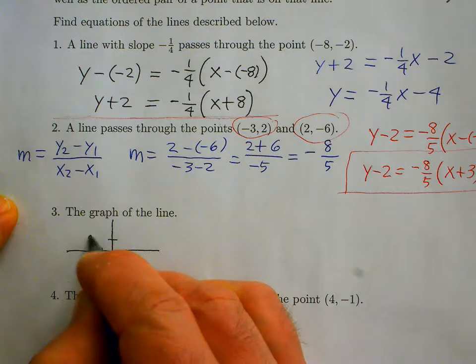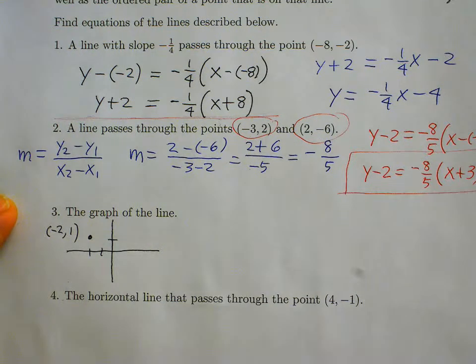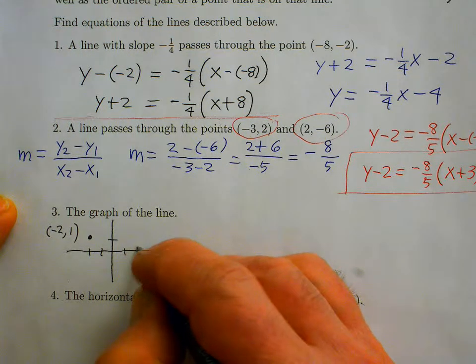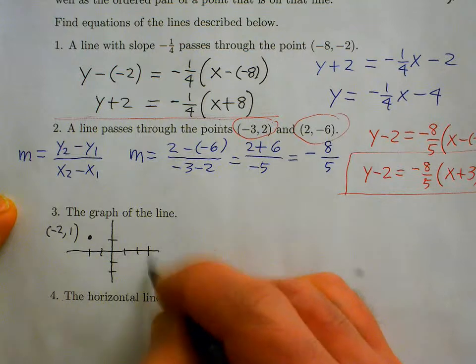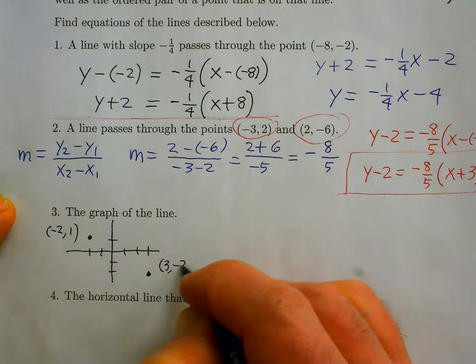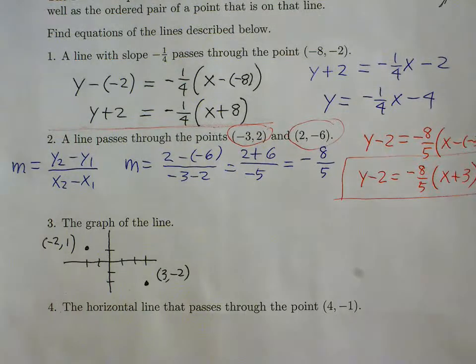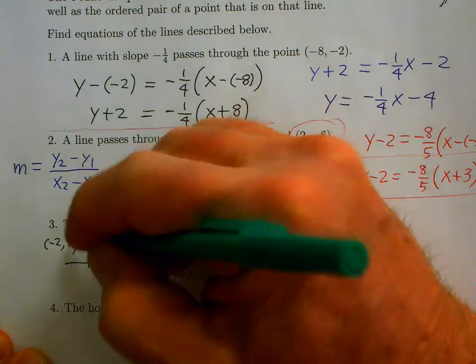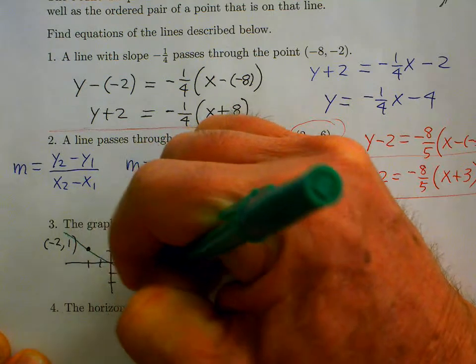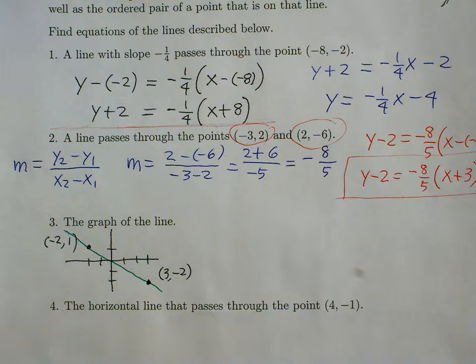So this point is -2, 1. And this point is 3, -2. And then a straight line through those 2 points. So find an equation for that line.